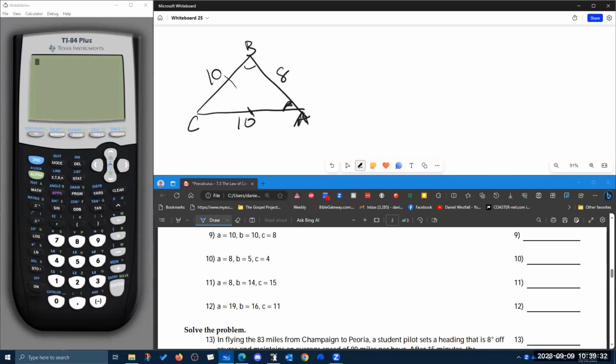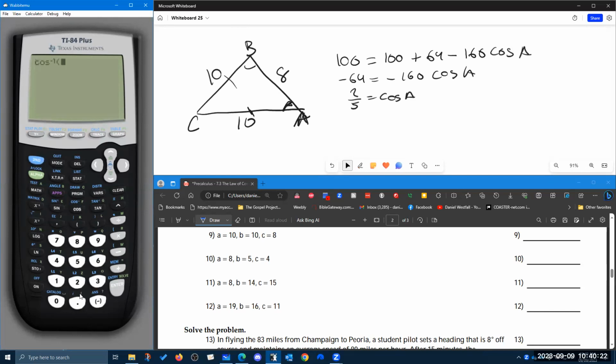A squared equals B squared plus C squared minus 2BC cosine of A. So negative 64 equals negative 160 cosine of A. That's 8 over 20, which is 2 over 5, cosine of A. Arc cosine of 2 over 5 is 66.42, which also equals B because they're my base angles.